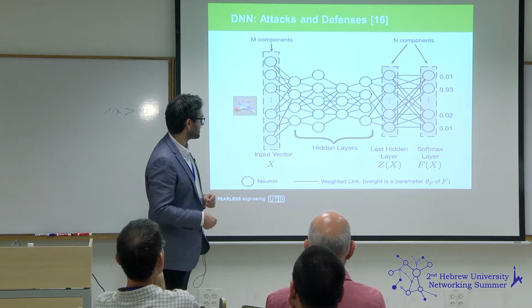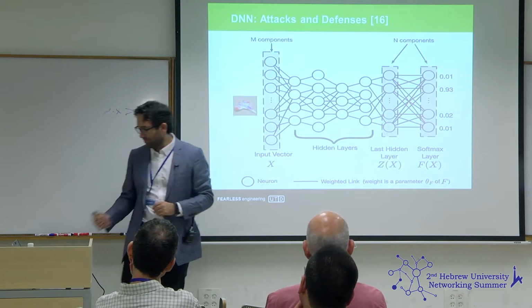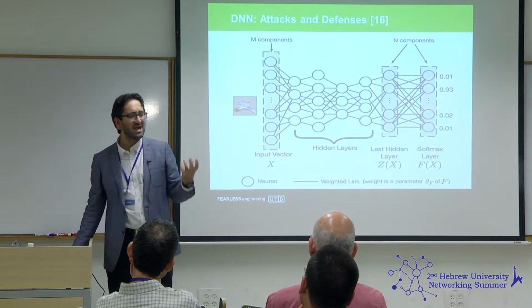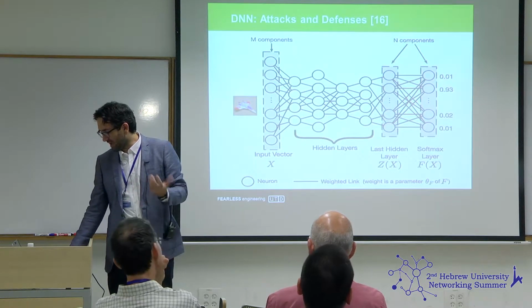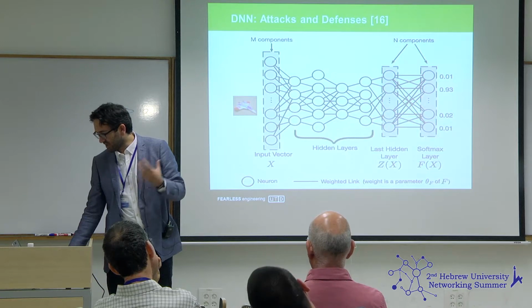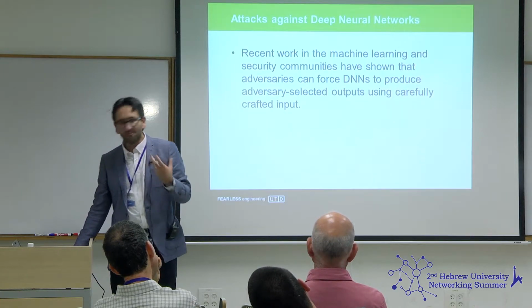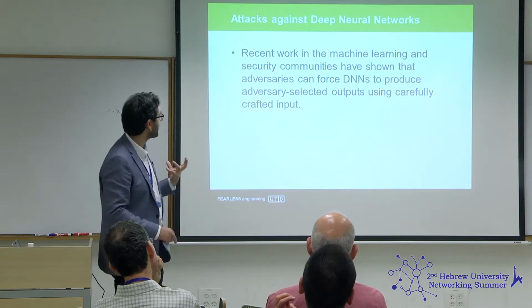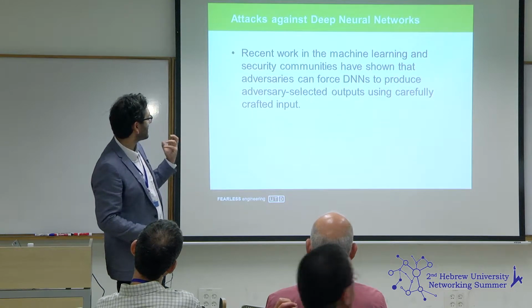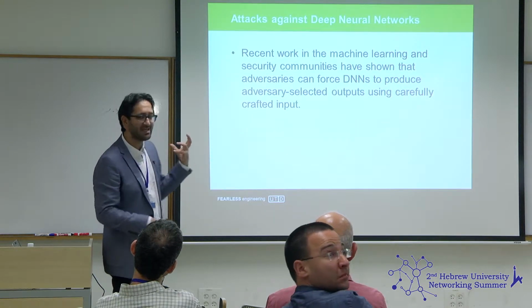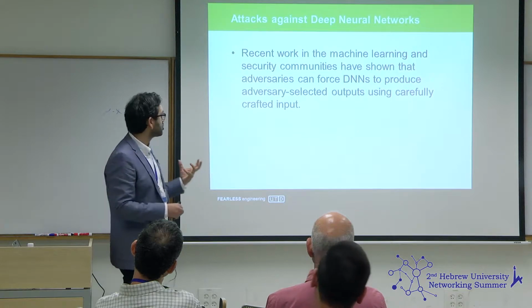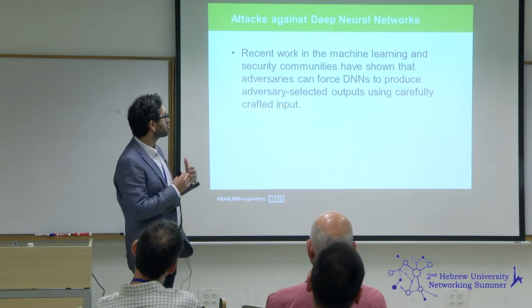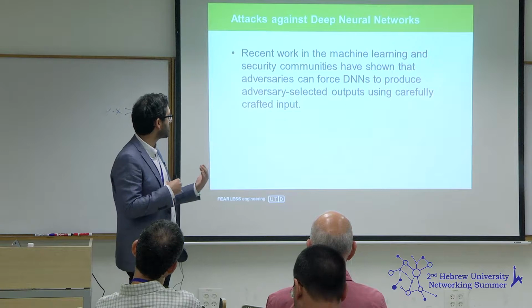But anyway, this is traditional deep learning, and it's a very active research area, and by no means am I an expert on it. But there is recent work showing that you can modify the input slightly to change its classification.